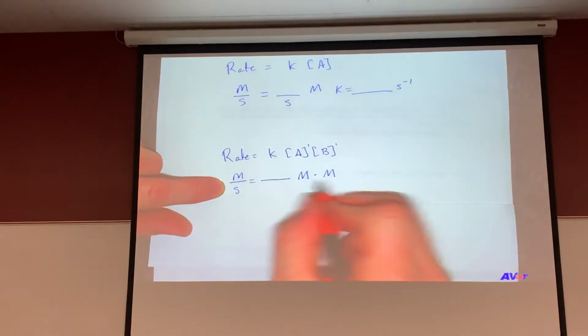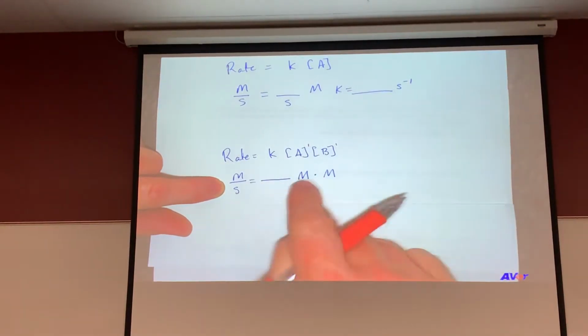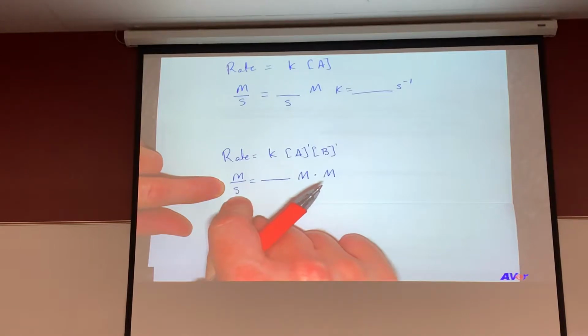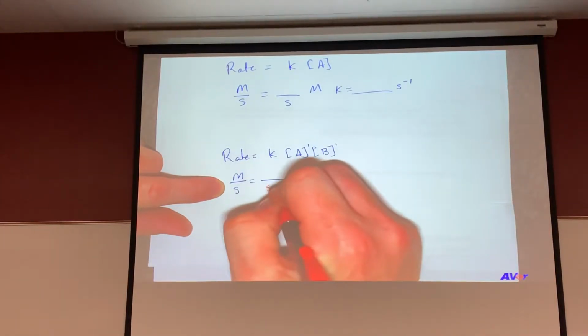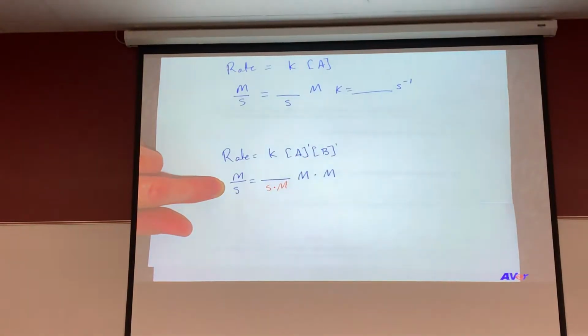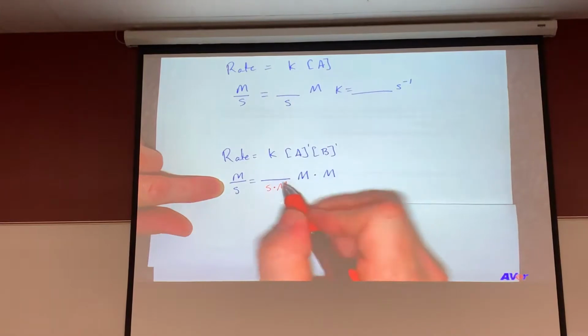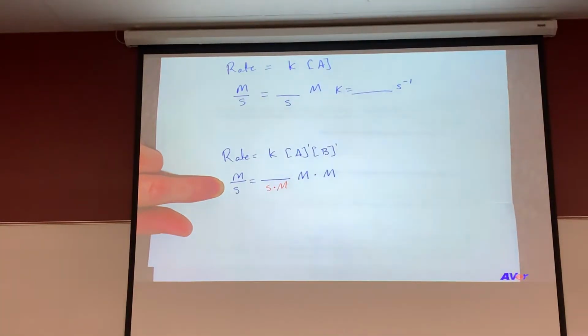So I've got 2 molarities here, but you don't want 2 of them in the answer. You only want 1. So you've got seconds times molarity on the bottom. In that case, when you do the math, one of the molarities would cancel.